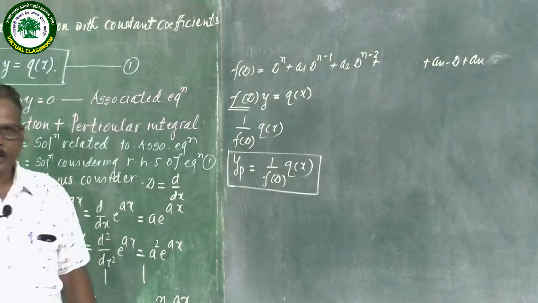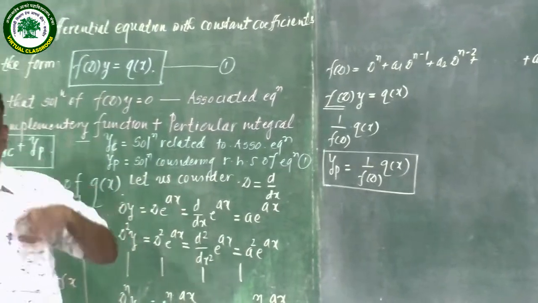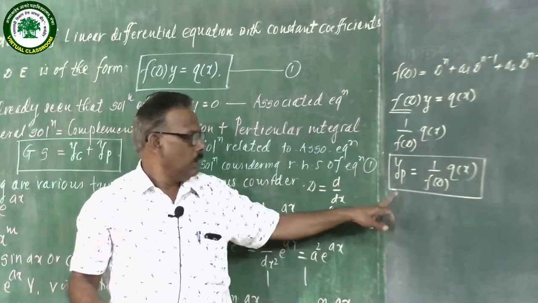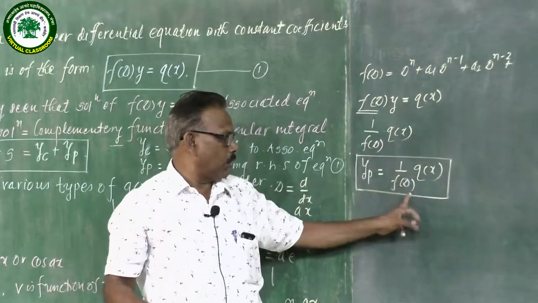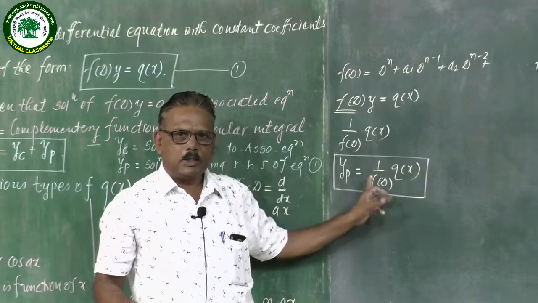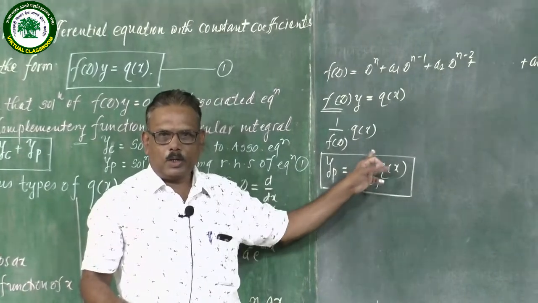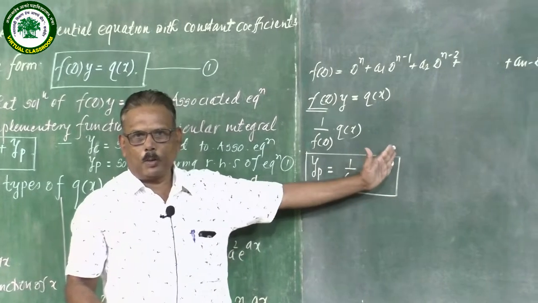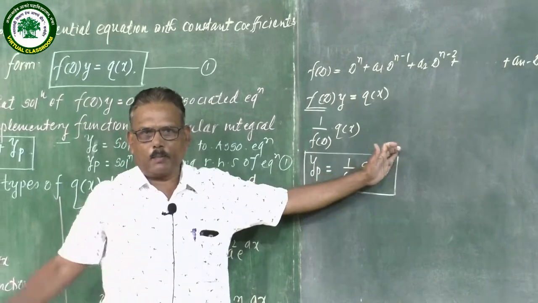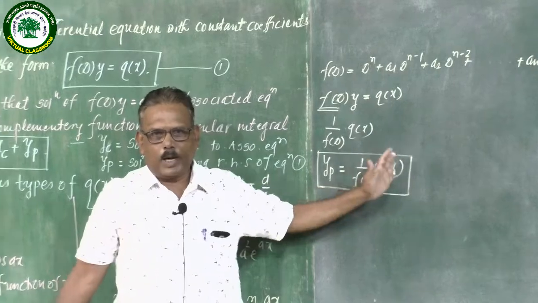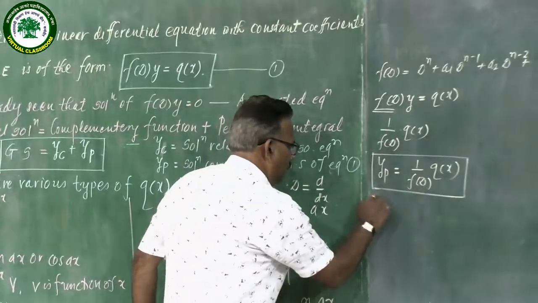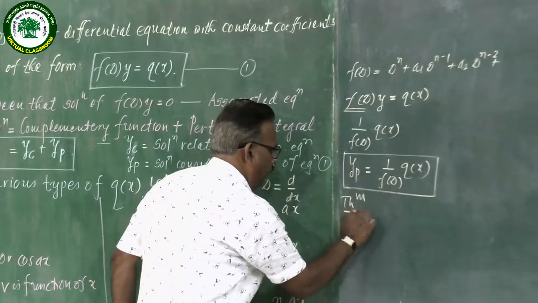That means we have to take this polynomial in the denominator, 1 over f(D), and operate this inverse operator on Q(x), which has different types. Out of those, we are taking one type today, as a theorem.